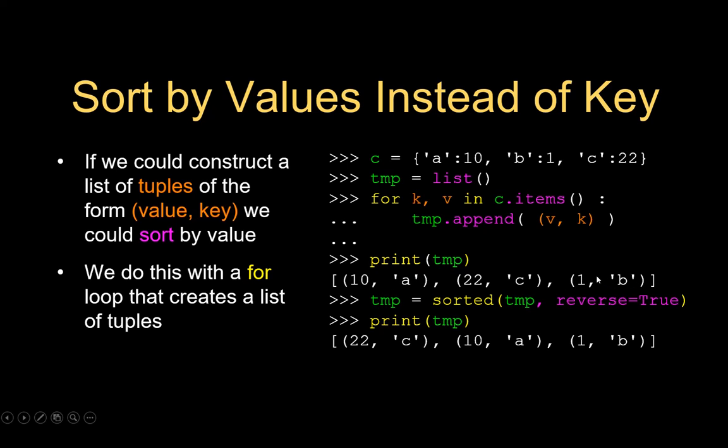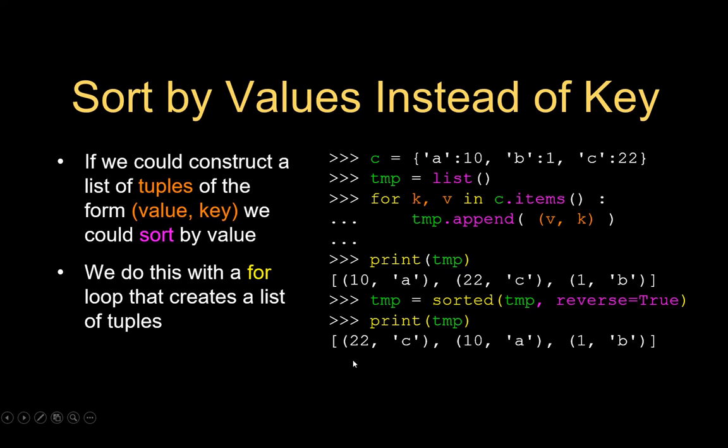Now we're going to use the sort function on this list, with one parameter, reverse equals true. If we didn't have reverse equals true, we would sort them ascending, but because reverse is true, we sort them in descending order.